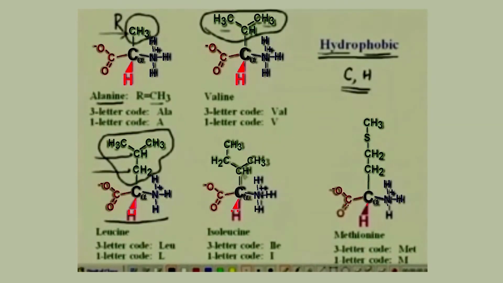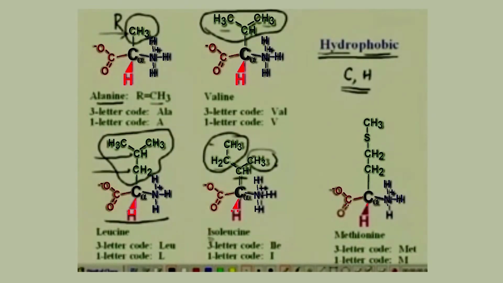If we look at isoleucine, we have CH, CH3, CH2, CH3. So, we have to the beta carbon one methyl group and one ethyl group attached to it.